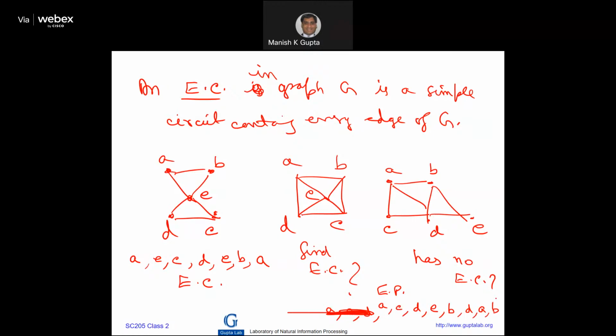Not coming back to the original vertex from where you started, right. Okay. So there might be a possibility that the graph has an Euler path, but no Euler circuit.